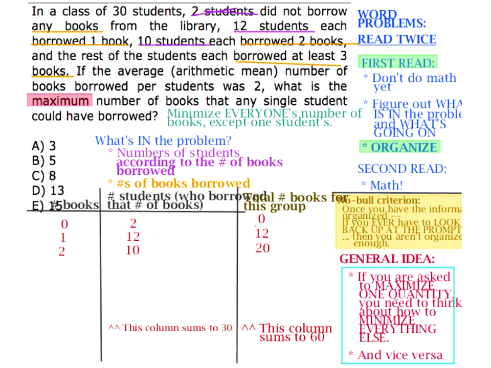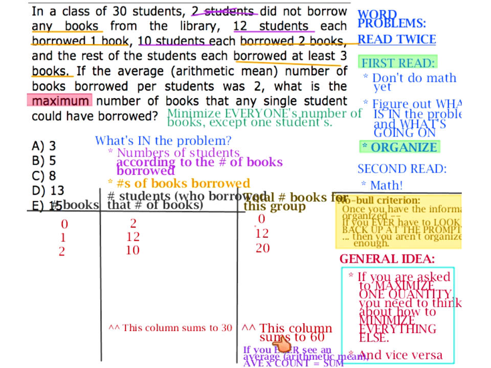It should be so automatic that whenever you see an arithmetic mean or average of absolutely anything in the world, you should pretty much instantly convert it to a sum without even thinking about it. So if you ever see an average, arithmetic mean, just think average times count equals sum.